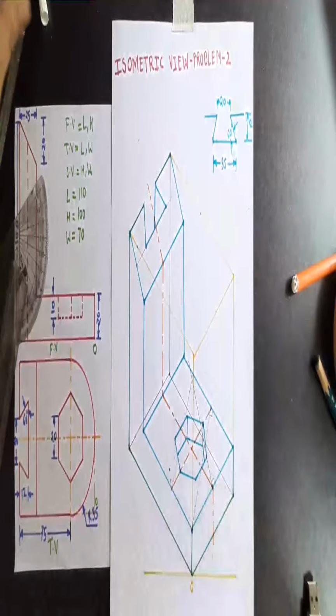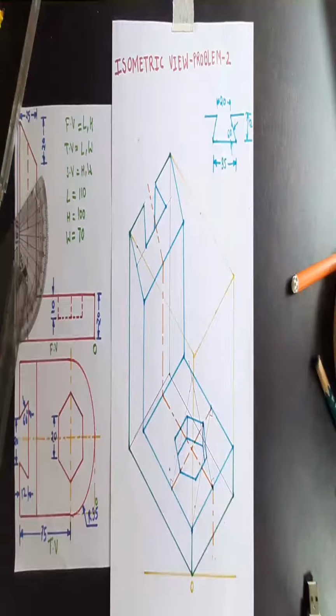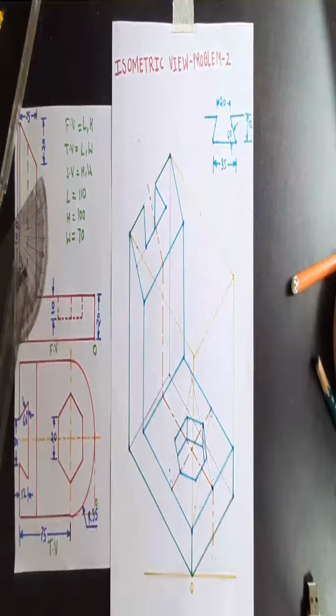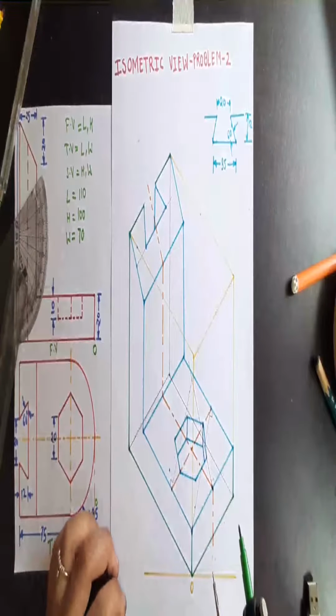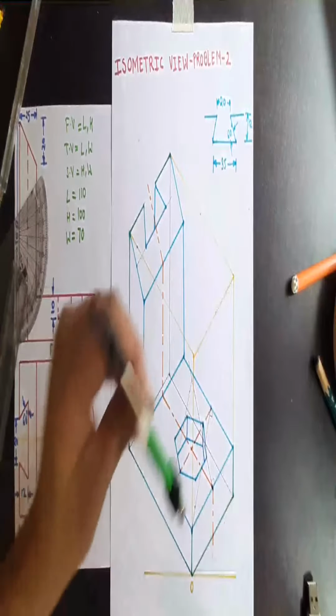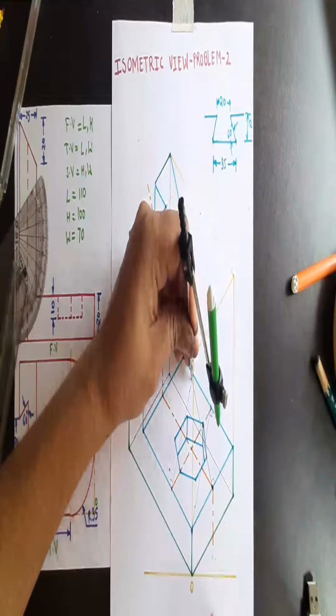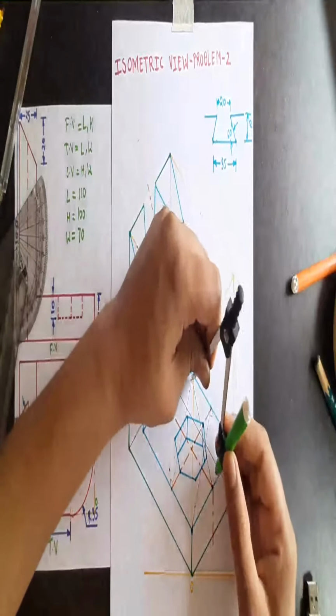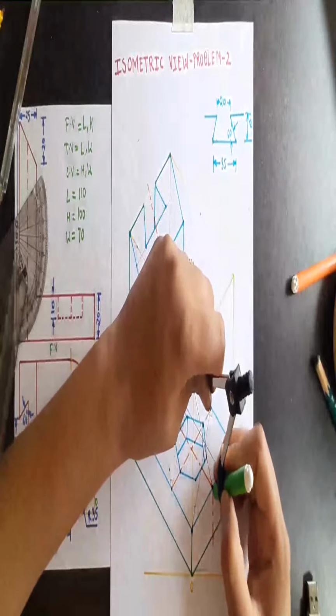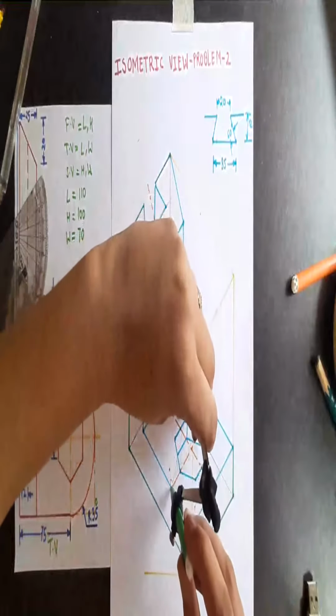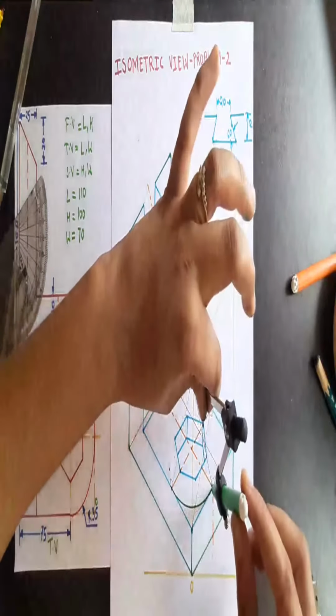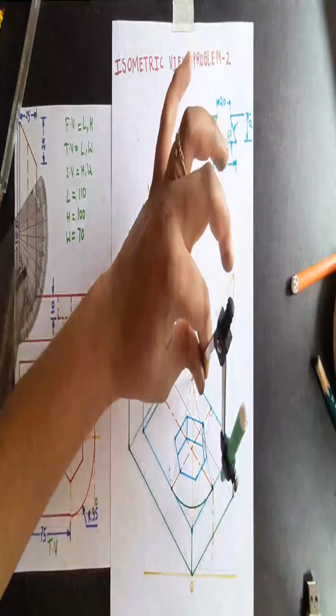Now with this point as a center and the distance up to the midpoint as radius, draw an arc. So in this manner, draw an arc.